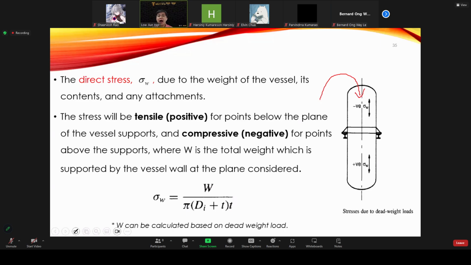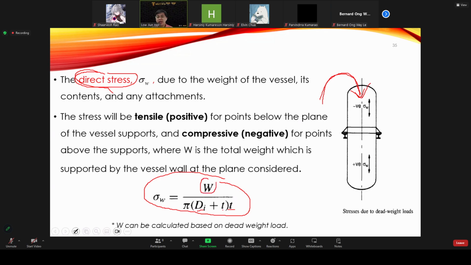When you transfer in the content, the weight will contribute another type of stress, known as direct stress. The direct stress can be calculated using this equation, with the inner diameter and thickness.